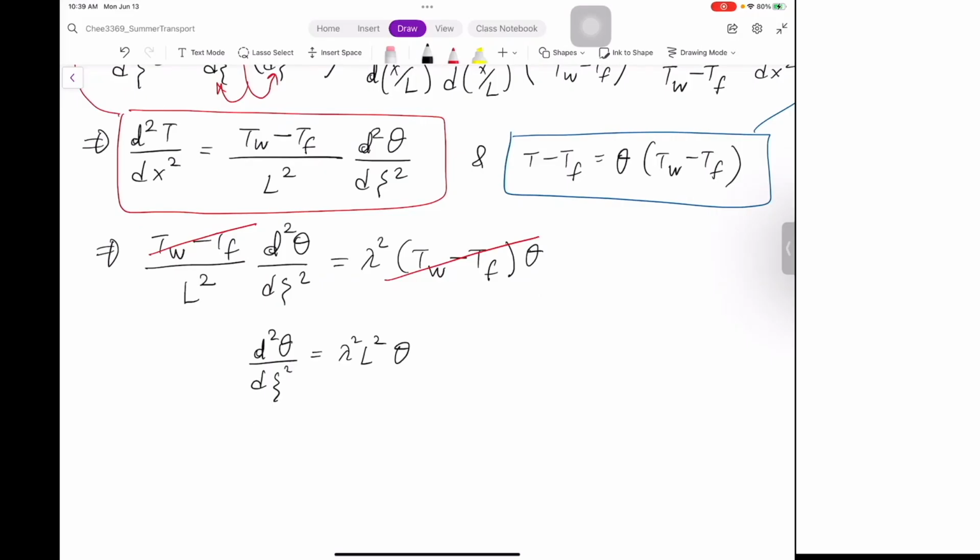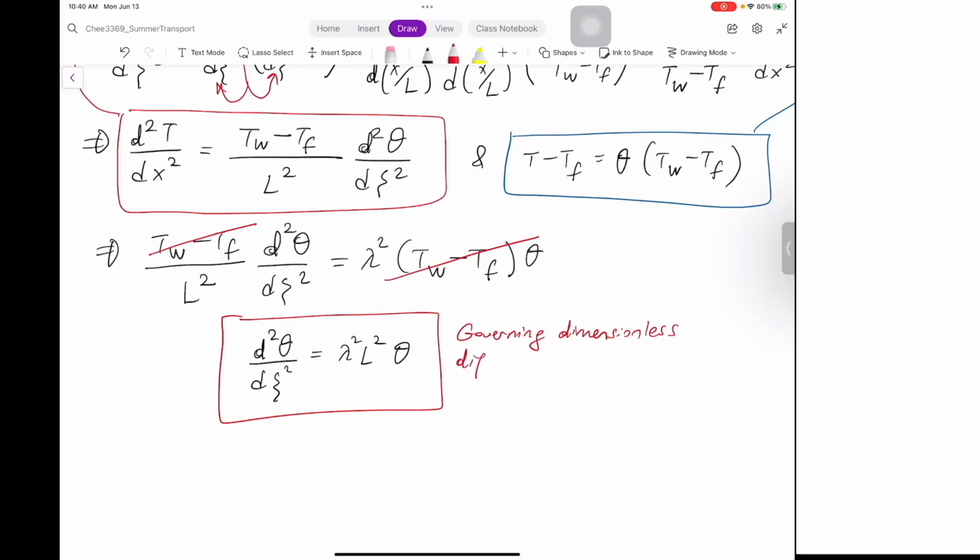Perfect. I have some positive number here. Okay, good. So this is my governing dimensionless differential equation. Okay.